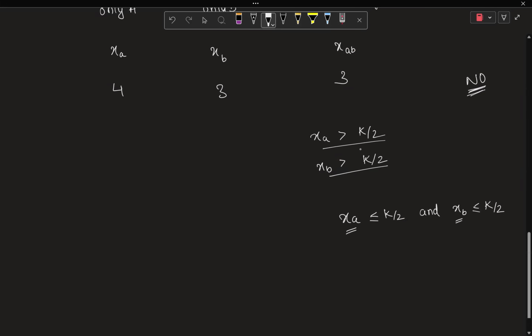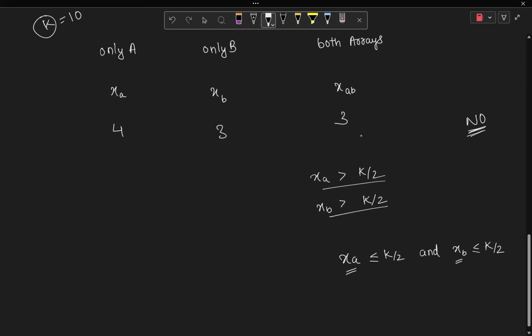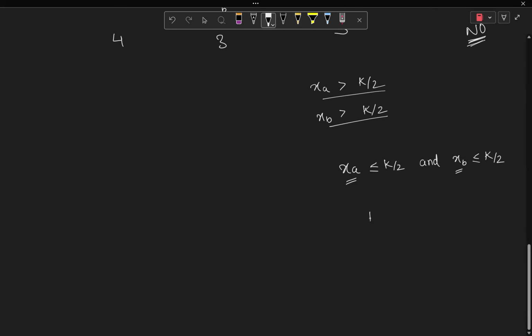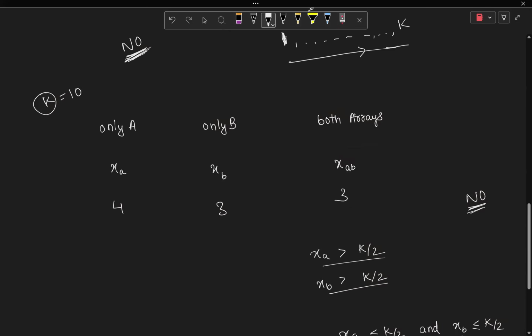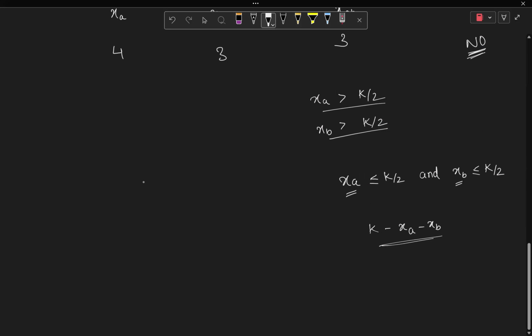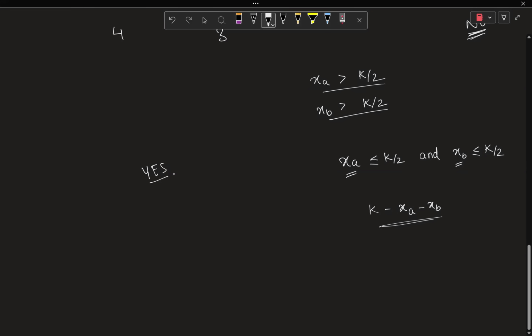And after that, I will be having k minus xa minus xb number of elements left, and these are present in both of these arrays. So now I can just pick up these elements from any of these arrays, and I will be able to pick up all of them, right? Now I will be able to pick up all the elements in the range 1 to k. So my answer would be yes.